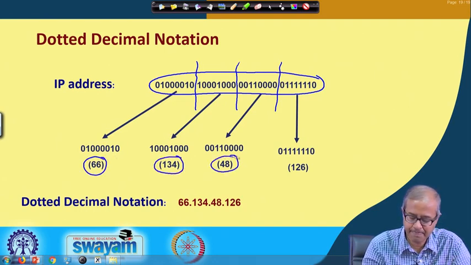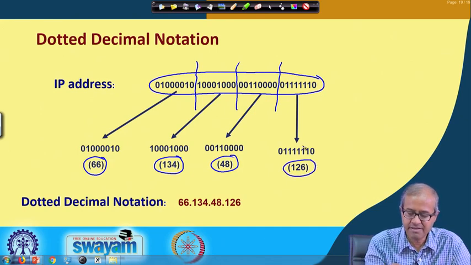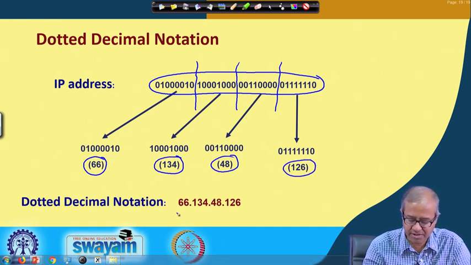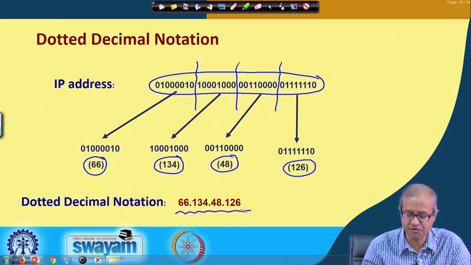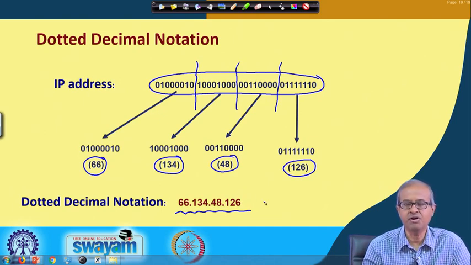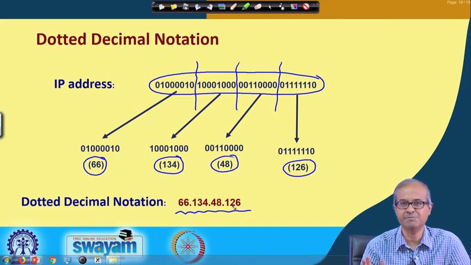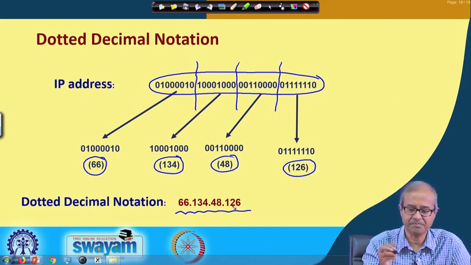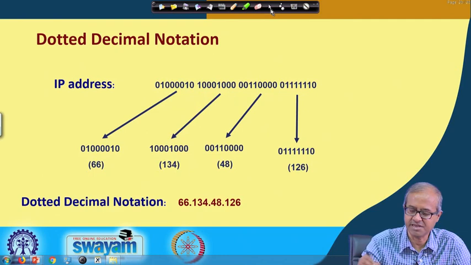And this 32-bit number we are expressing in a concise form like this: 66.134.48.126. This is the so-called dotted decimal notation, which is much easier to write, express and also remember. This is the basic idea.